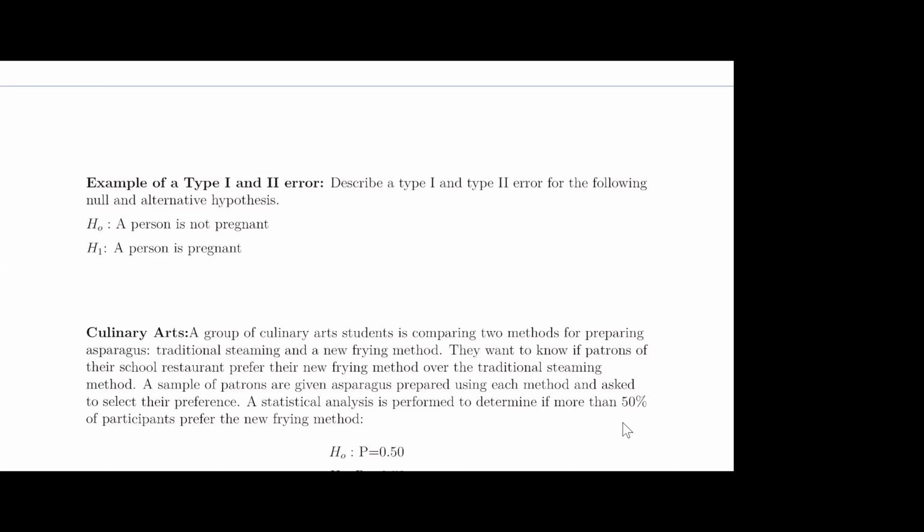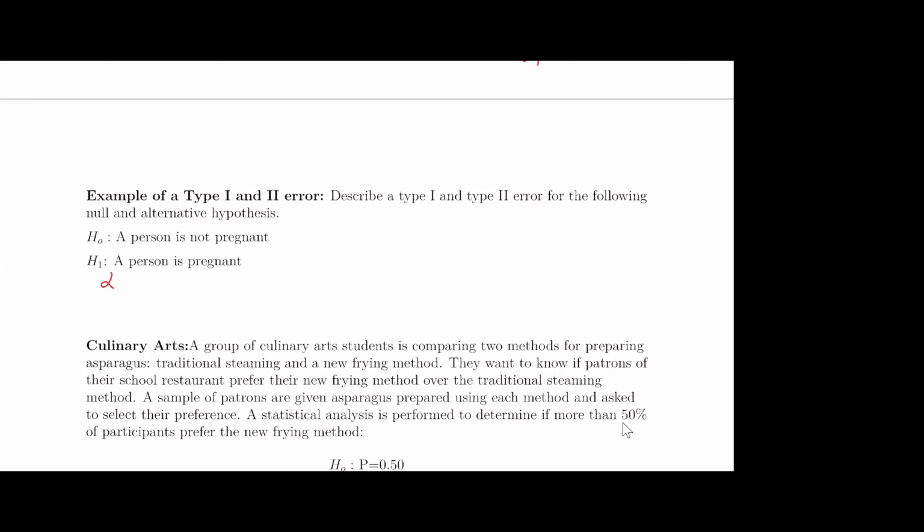So we're going to do a type 1 error and a type 2 error, so alpha and beta. In a type 1 error, what conclusion does the person make? Do we conclude they're pregnant or that they're not pregnant? Cool.